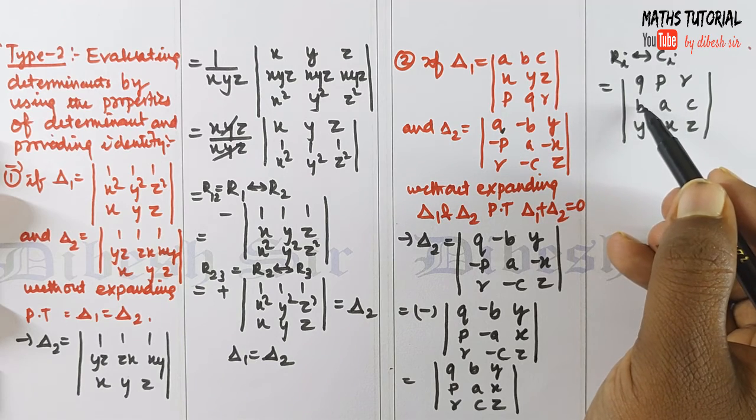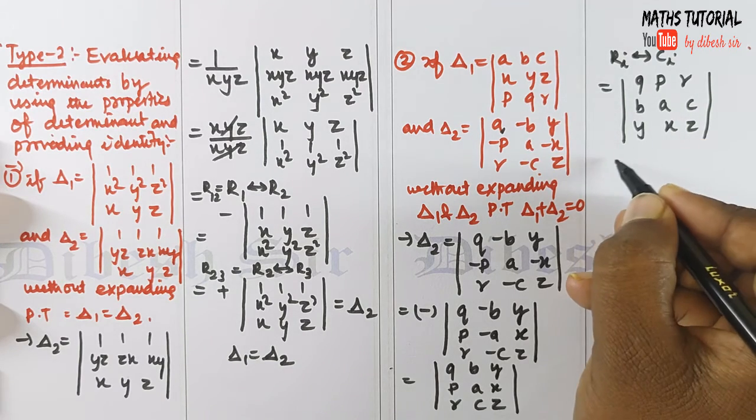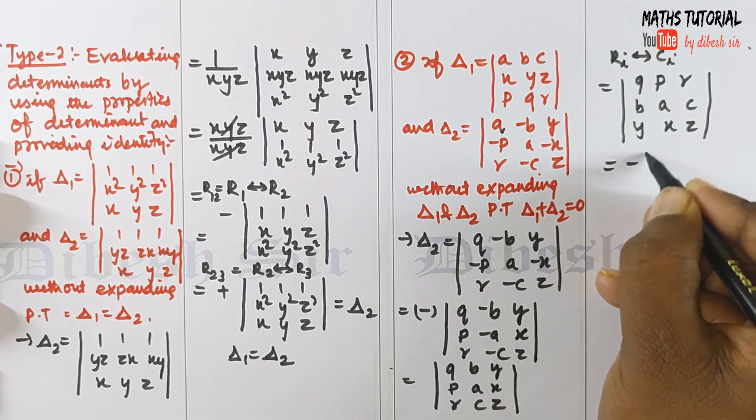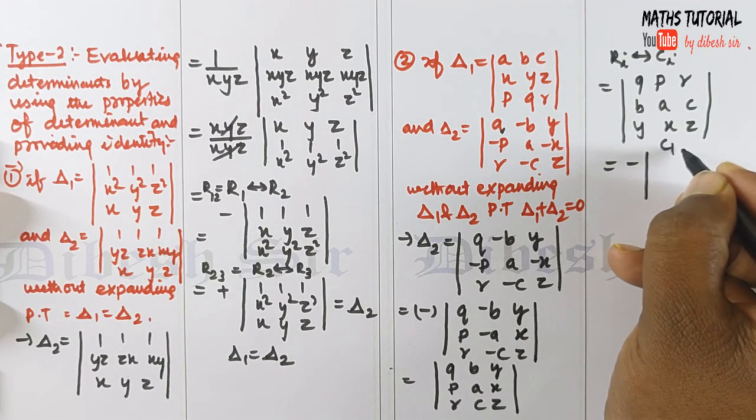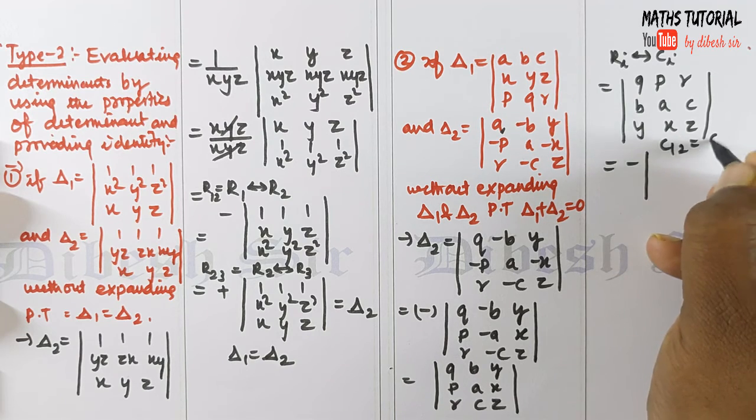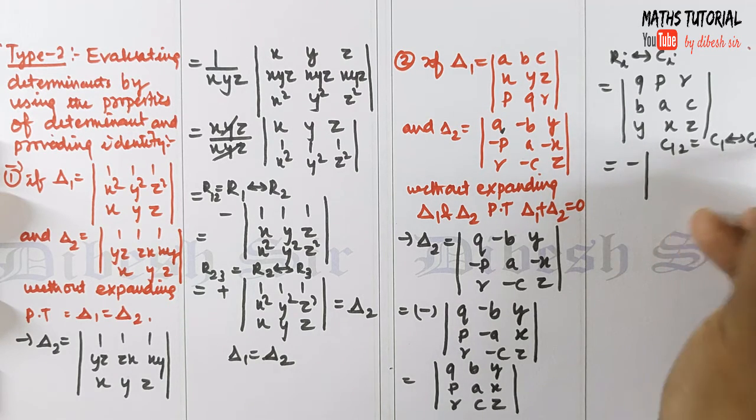To take a here, take minus sign and interchange it, that is C12, C1 changes to C2.